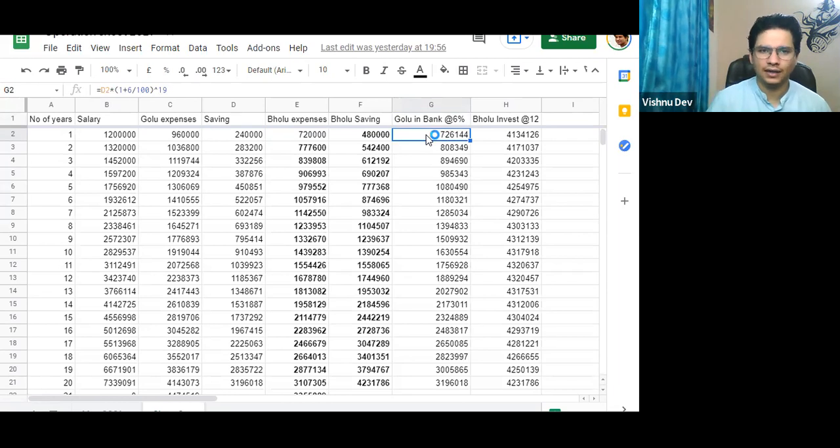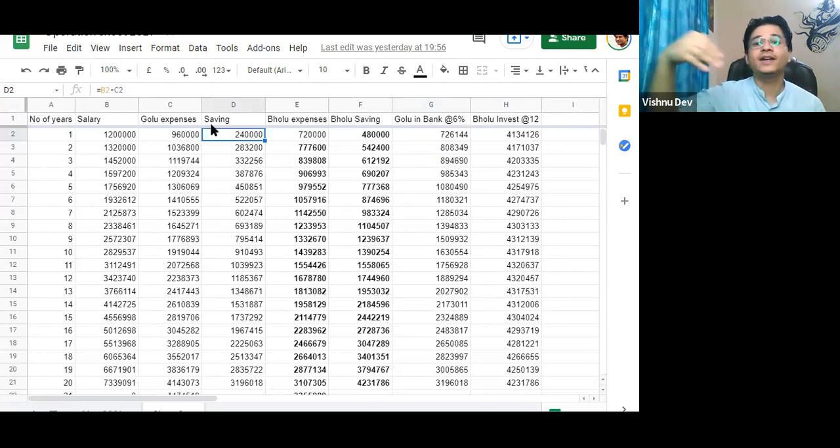I hope all of you remember the formula of compound interest: Principal into (1 plus R by 100) to the power n. Principal is 2,40,000, because this is the principal amount for the next 19 years, and the rate of interest is 6%.